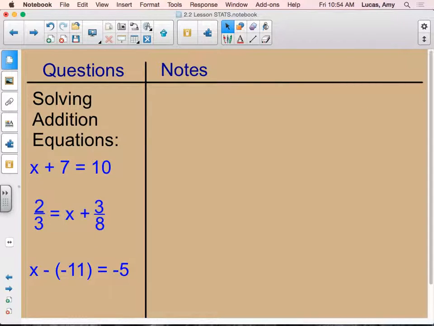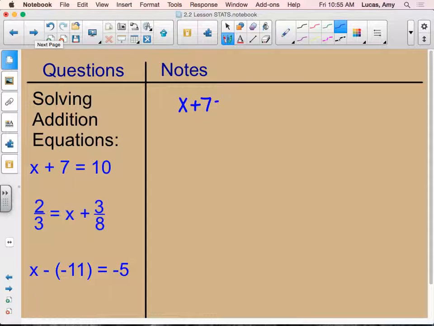We have three addition equations on this first slide. The first one, x plus 7 equals 10. The second one, 2/3 equals x plus 3/8. And then the last one, x minus -11 equals -5.